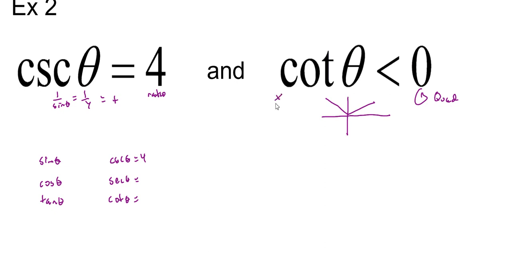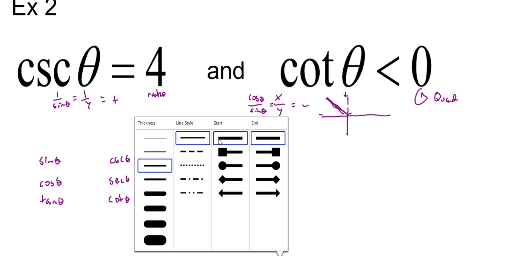Cotangent is x over y because it's cosine of the angle over sine of the angle. And so we know that is going to equal a negative number. And so where is cotangent negative? Well, positive and negative. All right, so that's going to be in the second quadrant. So our angle is really only located here in the second quadrant.